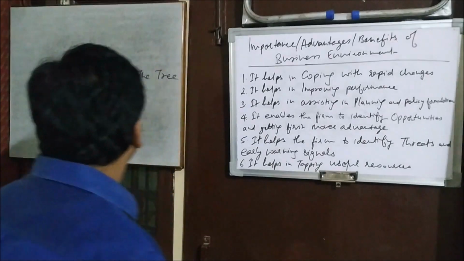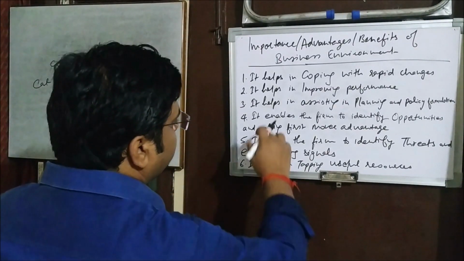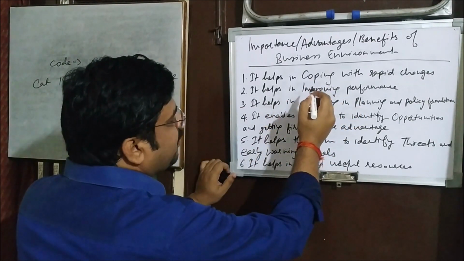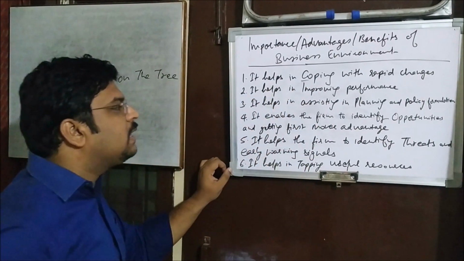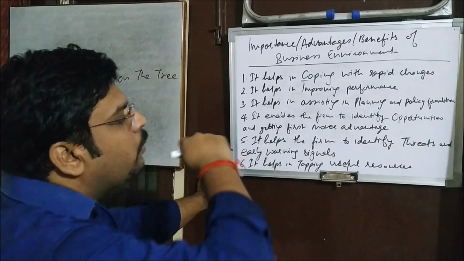Okay, so now let's understand what this code stands for. I have picked the important words from these points. For example, coping. If you remember coping, then by remembering coping you will remember the entire point.